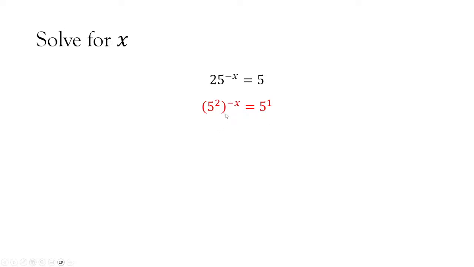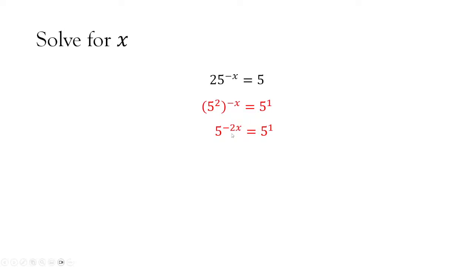So now let's continue cleaning this up. On the left, I don't want to have 5 squared to the negative x. To combine this, I'm going to do 2 times negative x, giving me 5 to the negative 2x is equal to 5 to the 1 power. By doing this, I now have the same base on the left and the right: a base of 5 on the left, a base of 5 on the right. Therefore, I can set the exponents equal to each other.